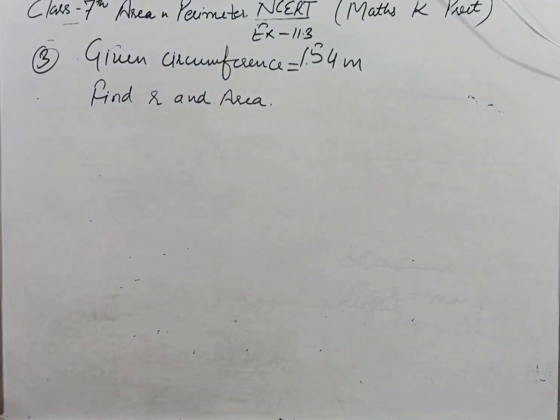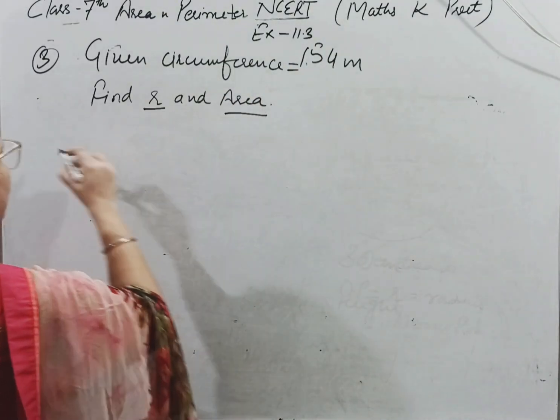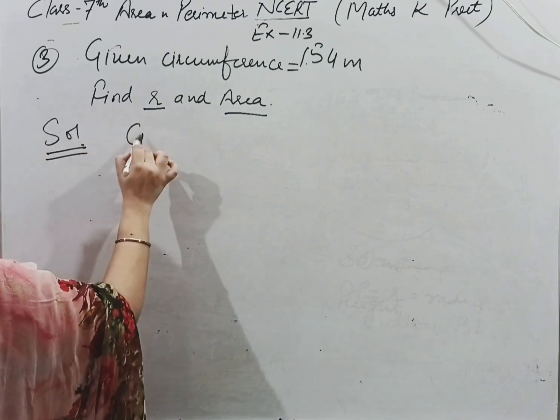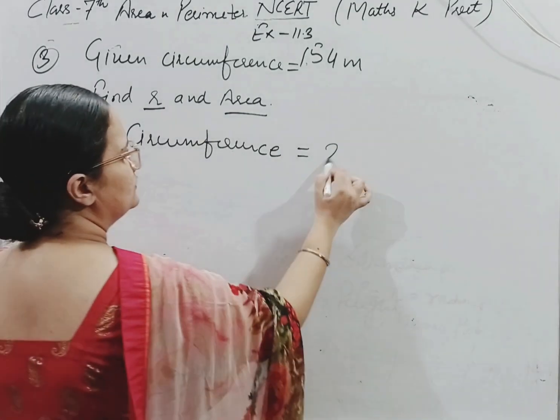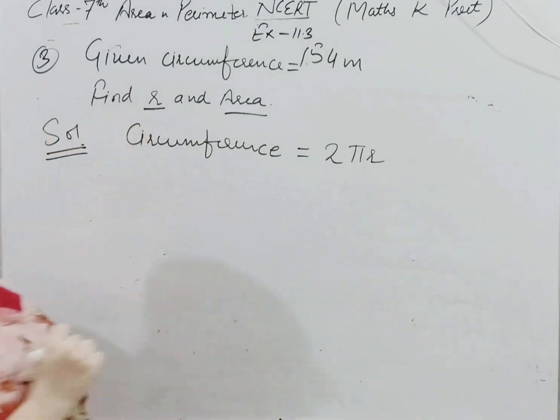In this question, the circumference is given as 154 meters and we have to find the radius and area. So circumference is given. We write circumference is equal to, we know the formula, 2 pi r.